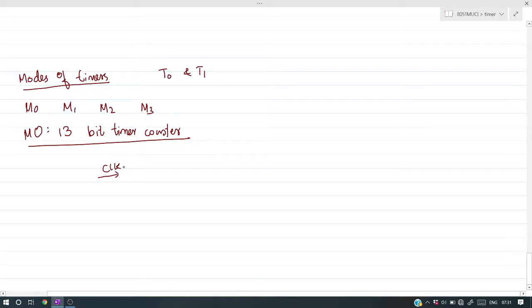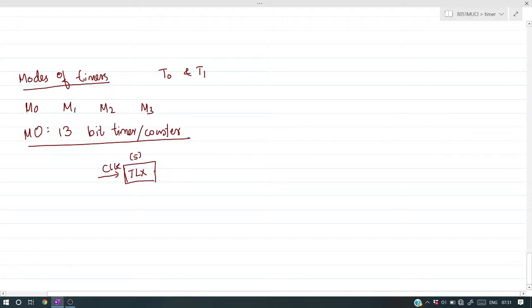Then the low order register, what number is to be loaded, that is TLX. The count is loaded in TL0 and TH0 in the case of timer 0, TL1 and TH1 in the case of timer 1. So here a 5-bit is loaded. Why? Because in this mode it is operated as a 13-bit counter. Clear? 13-bit timer counter.